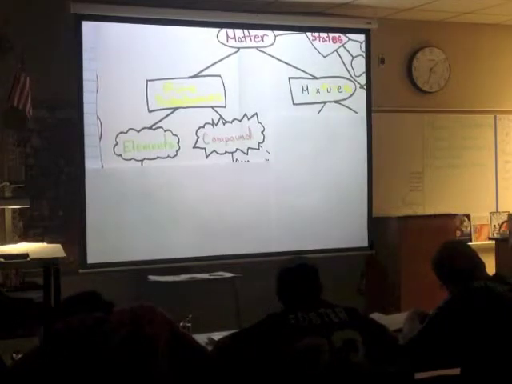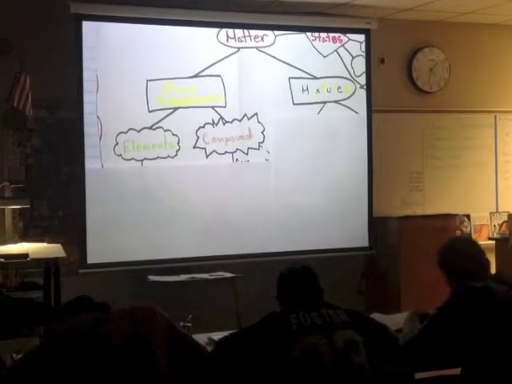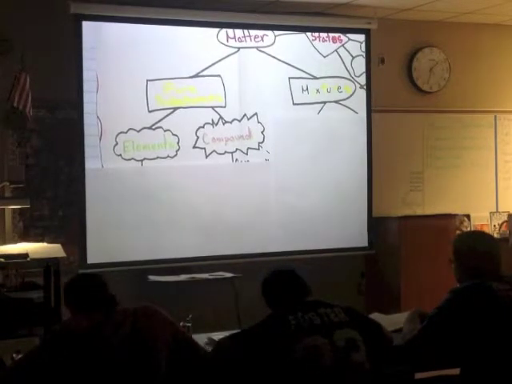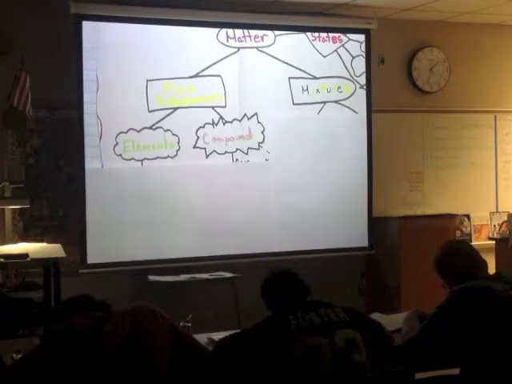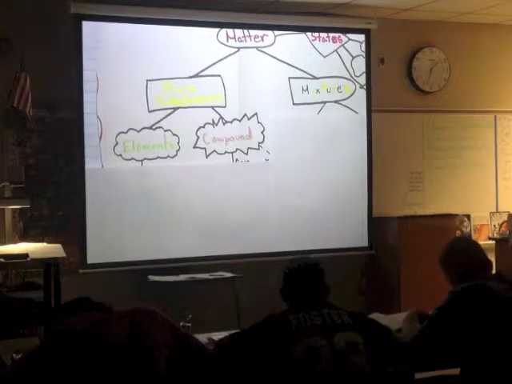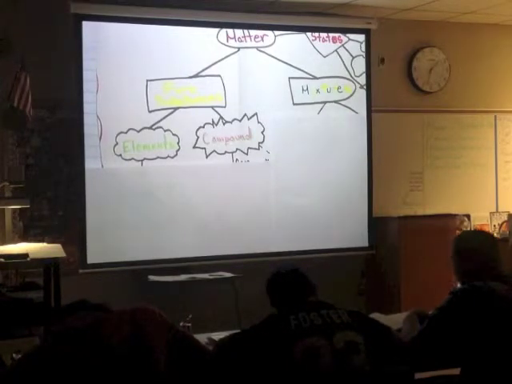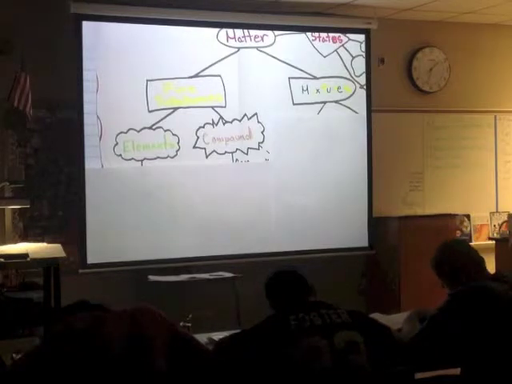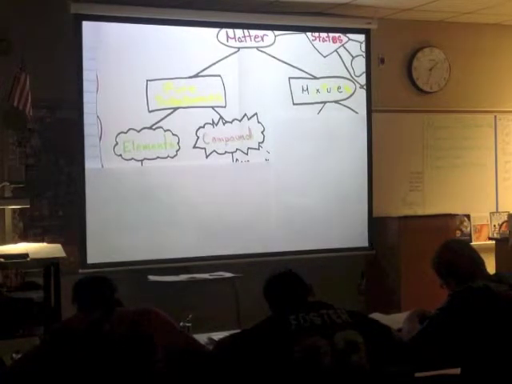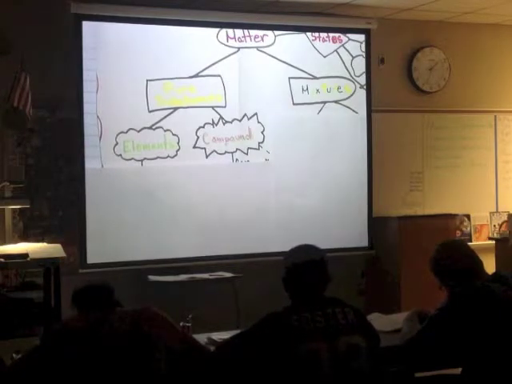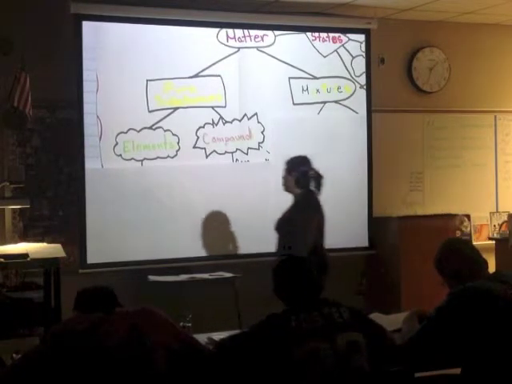Looking at how I wrote elements and how I wrote compounds, what do you think the major difference between those two is? Yes, Levi. Compounds are mixtures. Okay, very good. So an element is one type of substance. A compound is a mixture of two or more.